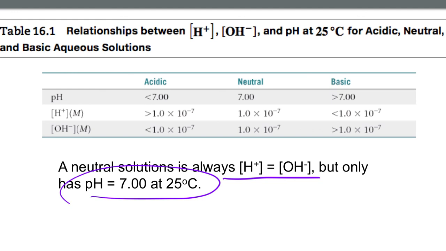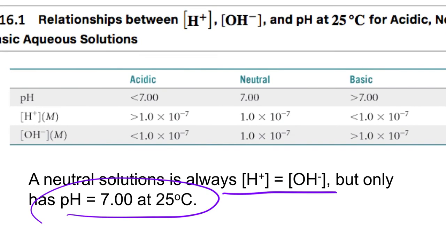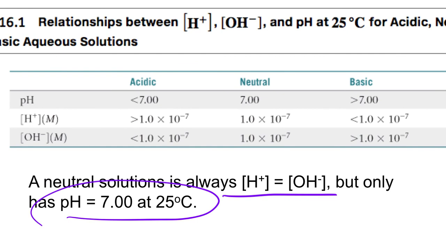Now, the other thing to note here: if we are at 25 degrees Celsius, and this is typically where we're going to be thinking, a solution with a pH less than 7 is acidic. The concentration of H plus is going to be greater than 1 times 10 to the minus 7, and the concentration of OH minus will be less than that.